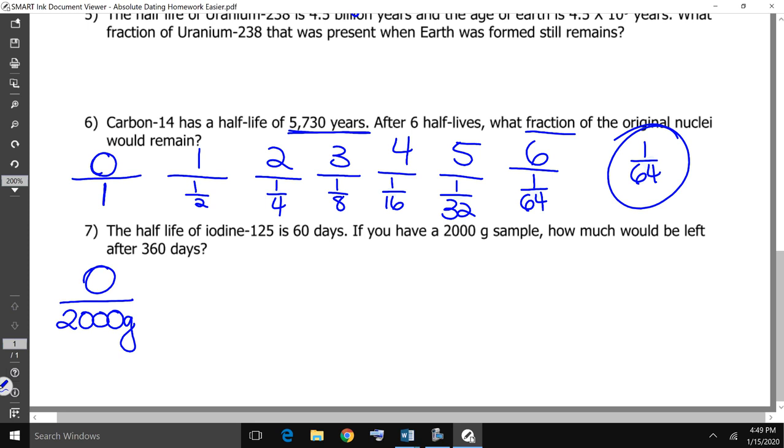Okay, so 1 half-life is 60 days. We have 1,000 grams left. 2 half-lives is 120 days. That is 500 grams left. 3 half-lives, oops, I'm missing my units.